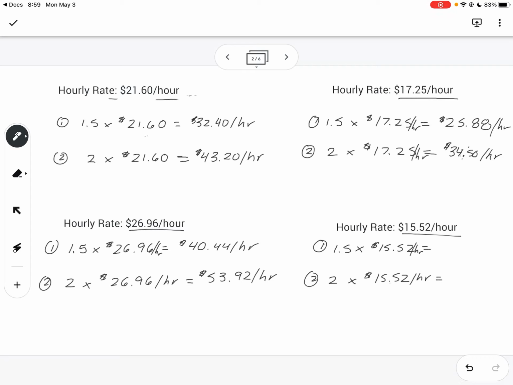So we've got 1.5 times 15.52, which would be $23.28 per hour for time and a half. And then we'd have 2 times 15.52, which would give us a double time rate of $31.04 per hour.